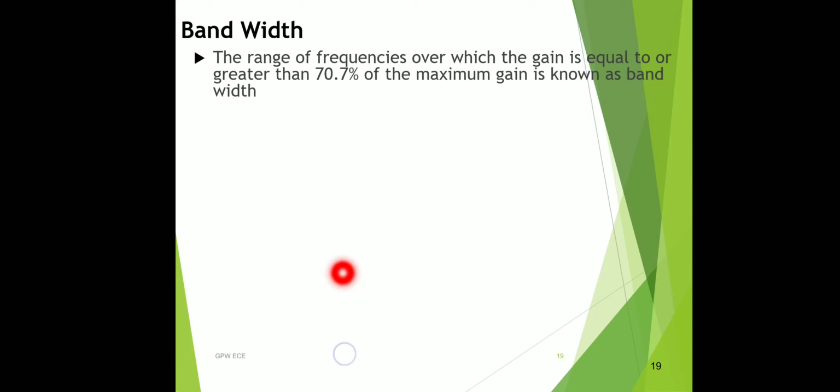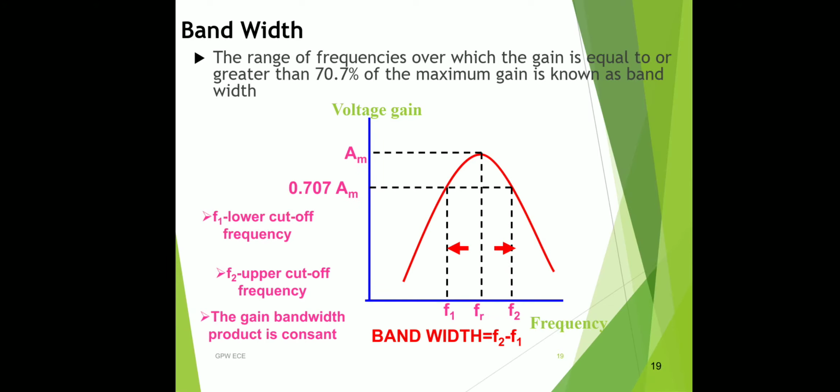That is called bandwidth. See, if you observe this graph, frequency response, that is gain versus frequency. See here, this is the maximum gain, A M, and at 70.7% of the gain, that means 3 dB less than the maximum gain, the frequency points are F1 and F2, or we can say the lower cutoff frequency and the higher cutoff frequency.